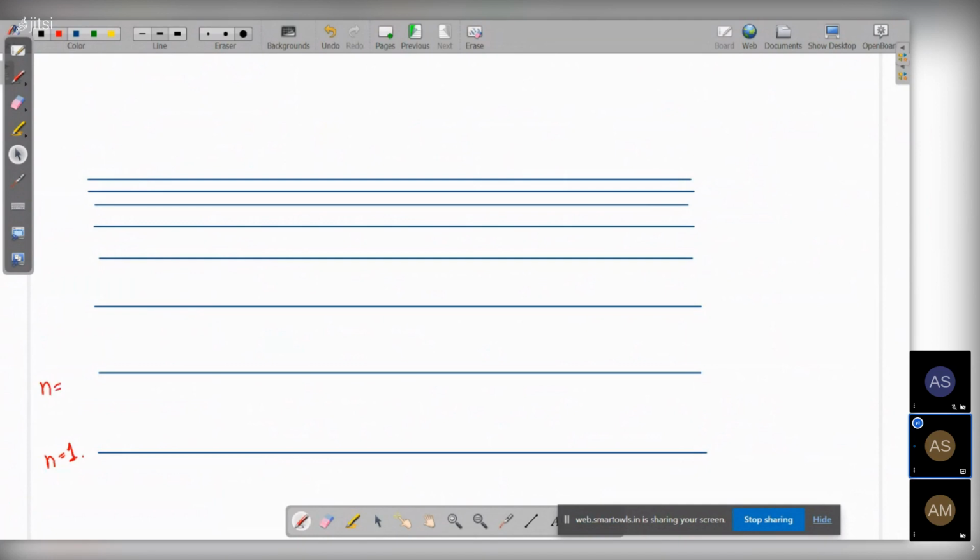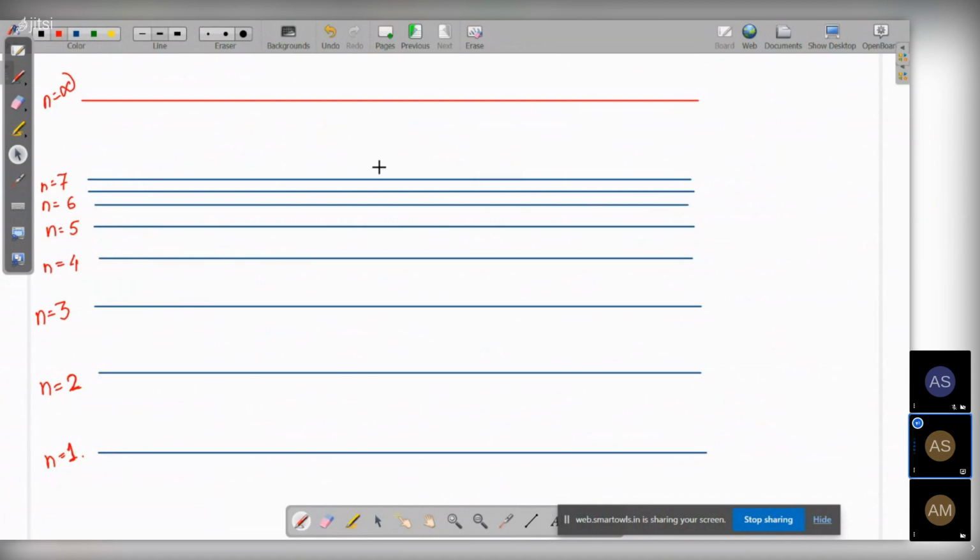This is n equal to 2, n equal to 3, n equal to 4, n equal to 5, n equal to 6, n equal to 7. Like this it will go up to infinity. This is your n equal to infinity. So these are the various energy levels.